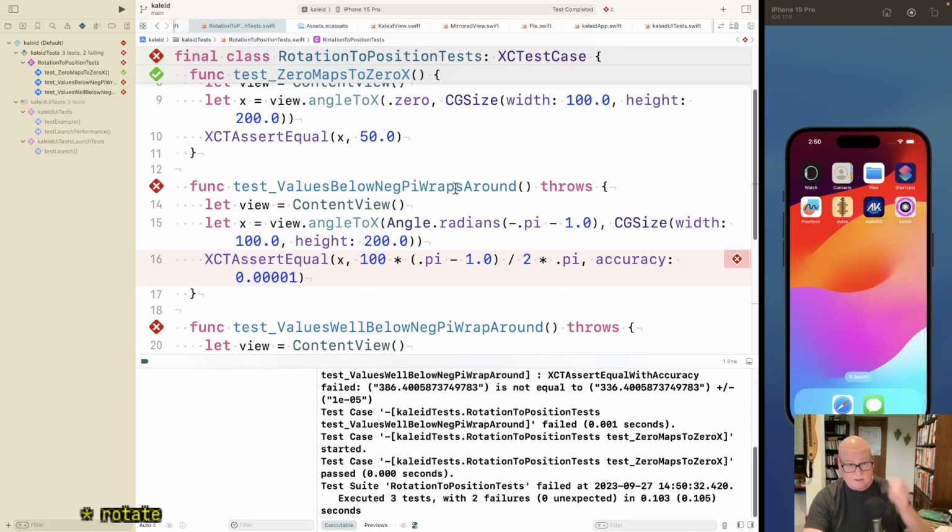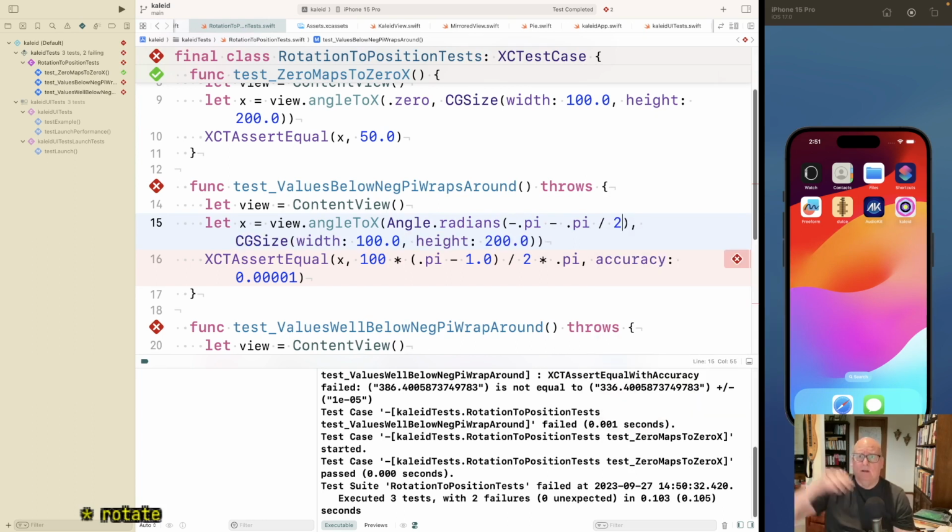So instead of -1, let's make this minus pi over 2, excuse me. Okay, so pi divided by 2 is 90 degrees, which is a quarter of the way around.